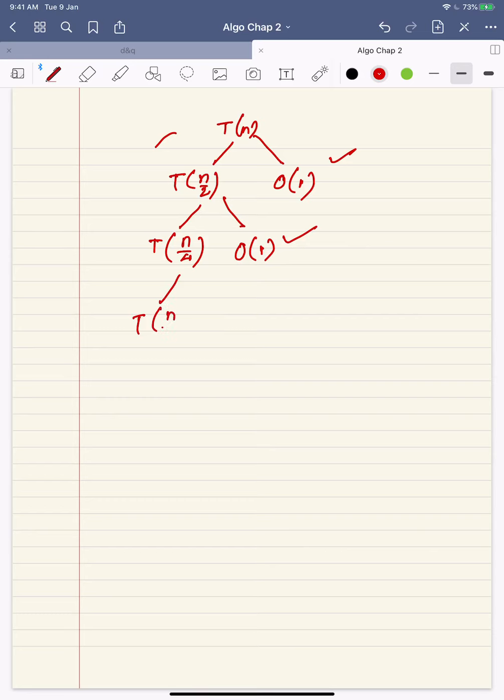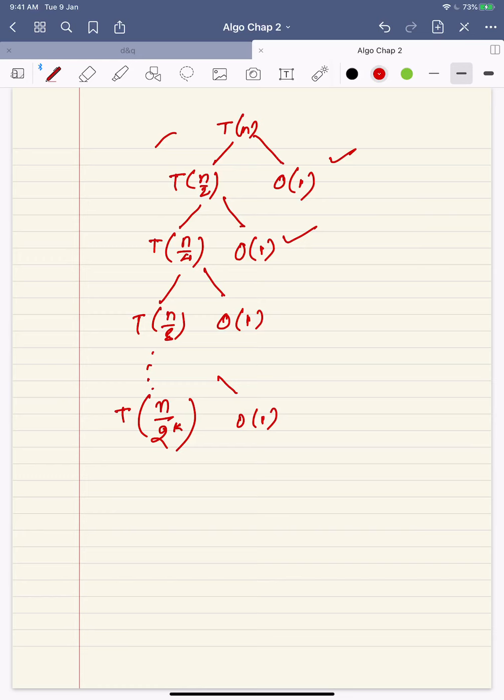Again, you go to an array of size n by 8, and you spend order 1. And you keep on doing that. When do you stop? When the problem instance is of sufficiently small size, meaning you are only at one element. So suppose at some step T(n by 2 to the power k), you cannot go any further. Then there is also an order 1. That's where you stop.